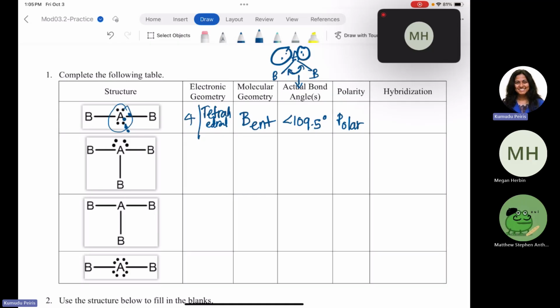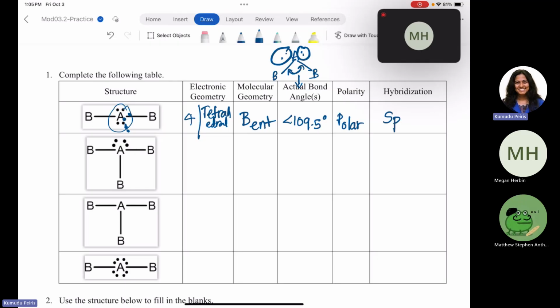Now we look at the hybridization. To determine the hybridization, you count the number of sigma bonds and lone pairs on the central atom. We have four things, two sigma bonds and two lone pairs, so altogether we should have four hybridized orbitals.